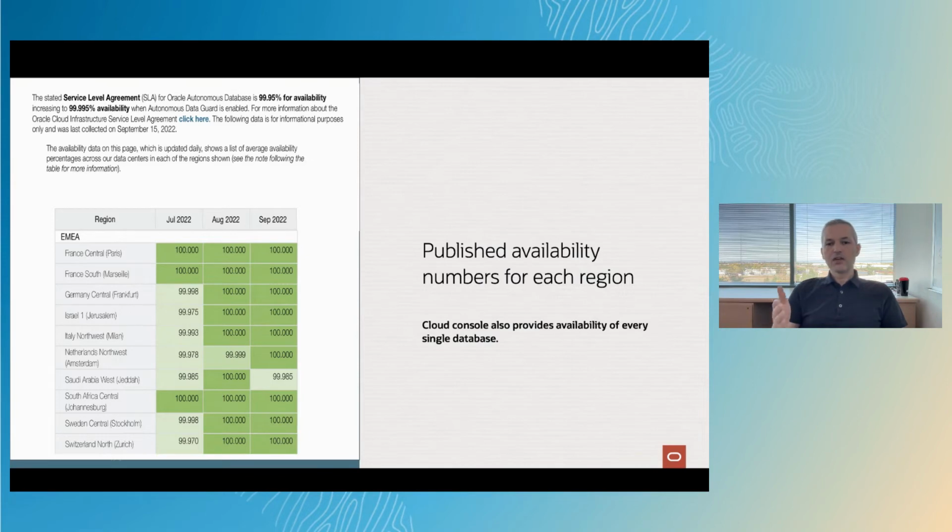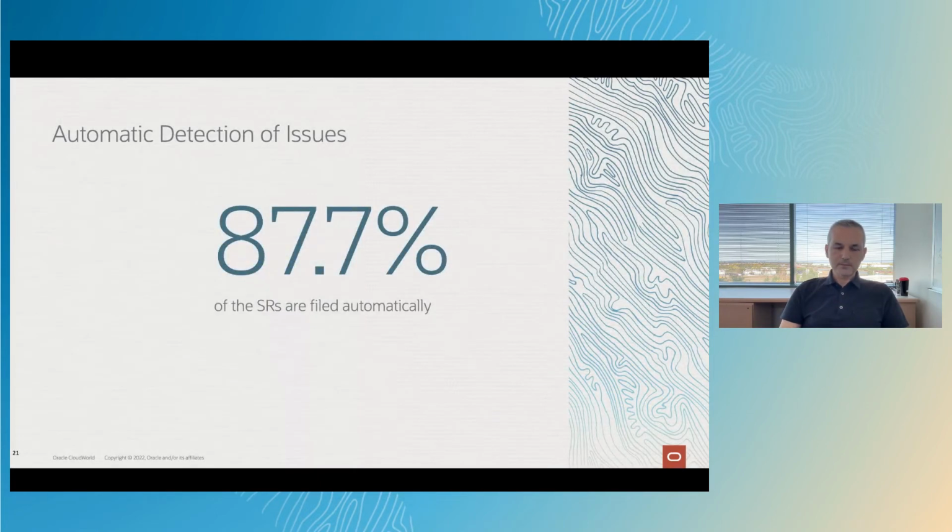In addition to that, we also provide you the availability numbers for the last months for your specific database. So if you go to your Cloud Console for your specific database, you're going to see a table that says the last 3 months availability for your database was this. So both regional availability and per database availability, we completely expose and publish these numbers for you.